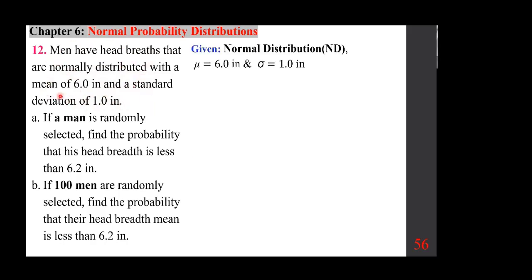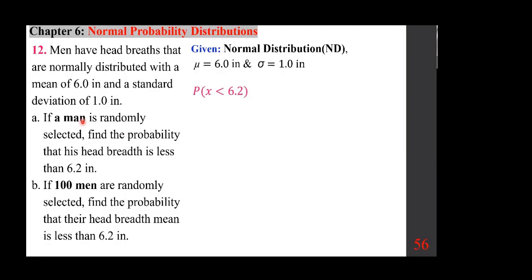From here, we have a normal distribution, or ND, with mu being 6.0 inches, more specifically with the units, and sigma is 1.0 inches. If a man is randomly selected, find the probability. So if a man, and that's really the key, find the probability that his head breadth is less than 6.2.